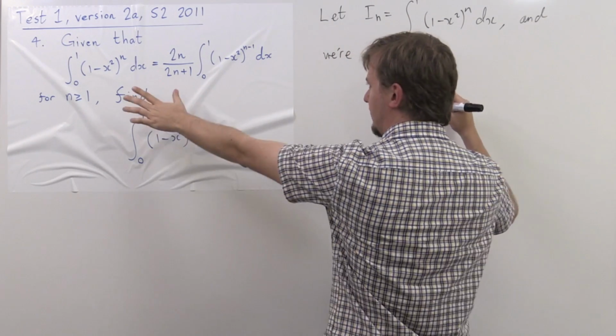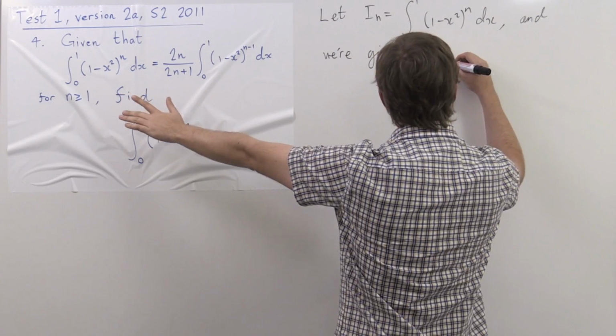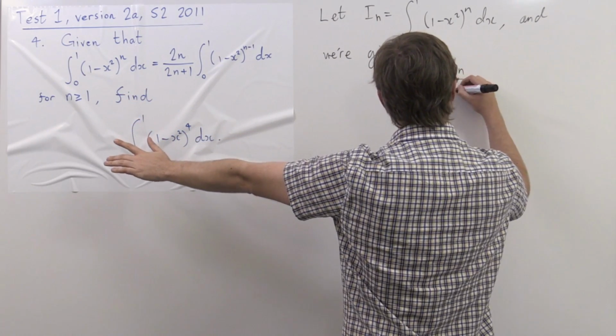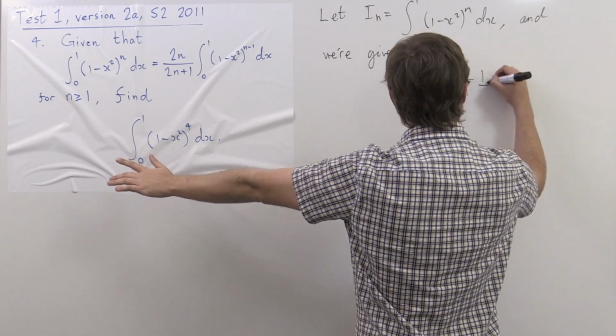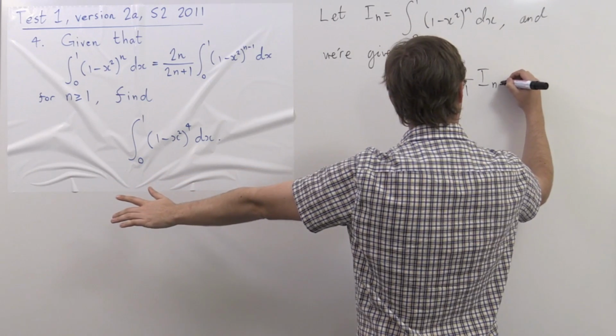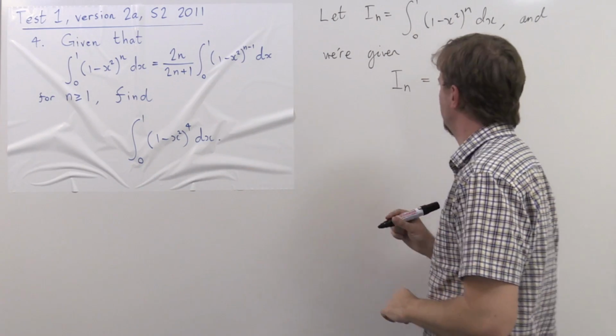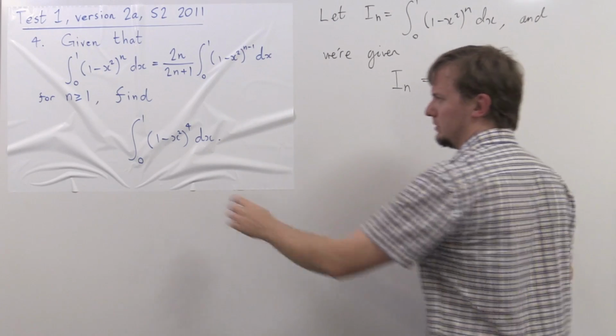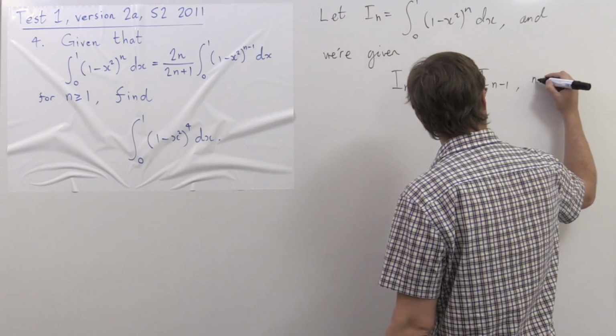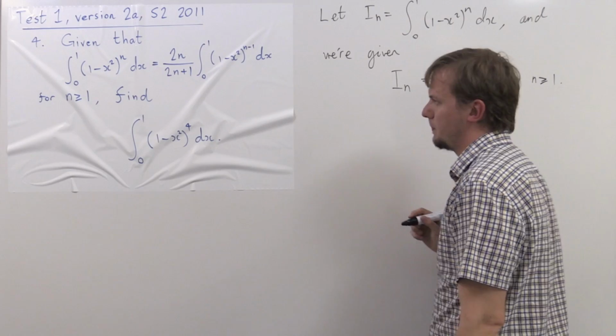So it's going to be I(n) is equal to 2n over 2n plus 1 times I(n minus 1). And let's just remember, this is only valid when n is greater than or equal to 1.